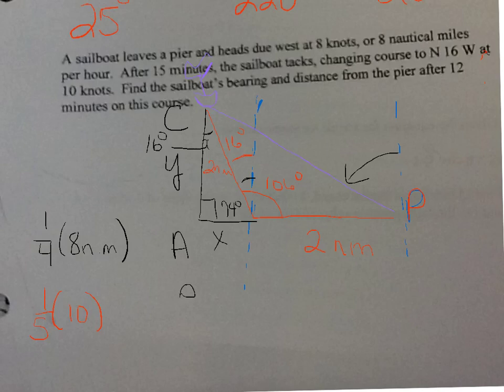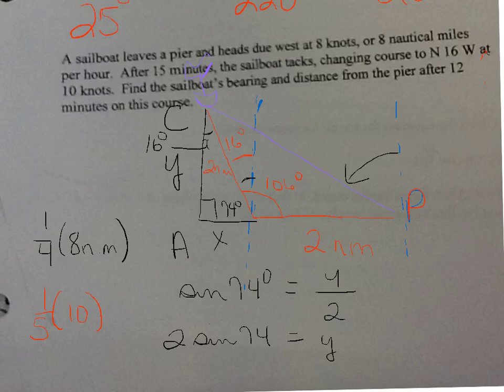Sine of 74 is equal to opposite over hypotenuse, which is 2. So twice the sine of 74 is equal to y, and I'm going to leave it like that. I'm not going to get a decimal approximation right now.